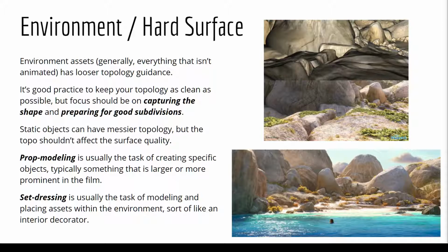In general, though, we can be a little more flexible and free with how we plan out our topology if our model doesn't have to deform. So you don't have to care so much about how your topology lays for deformation, and you should just be focused on putting in topology to capture the shapes and forms and making sure that your surface is going to render and light nicely.